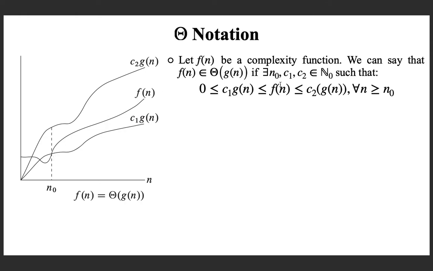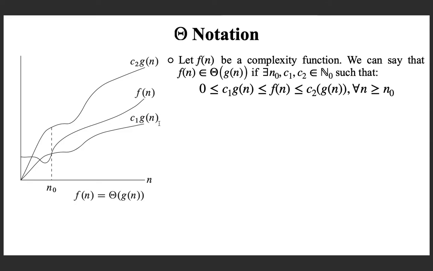Suppose you have a time complexity function f of n. Then if you can find a natural number n0 and two other natural numbers c1 and c2 such that for every value of n greater than or equal to n0, beyond this point, f of n is both upper bounded and lower bounded by a constant factor of g of n.